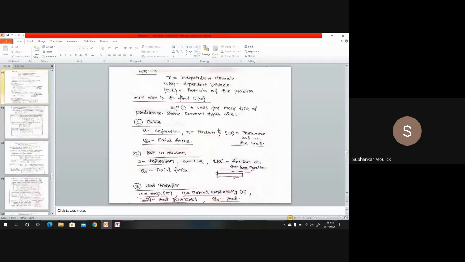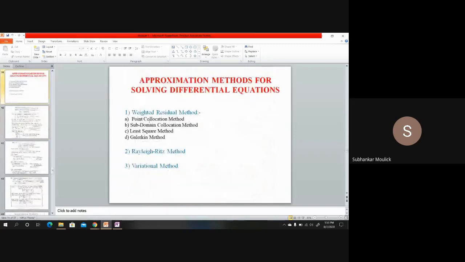All these methods, whether you talk about the weighted residual method, Rayleigh-Ritz method or variational method, these are approximation methods to solve a given set of differential equations satisfying your given problem. That means with the help of these methods you will not get the exact solution, but you will get the approximate solution which will be very much nearer to your exact solution.